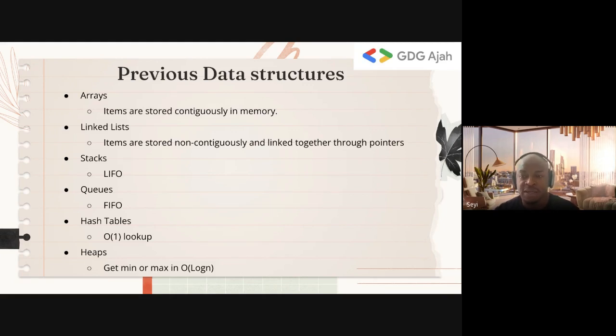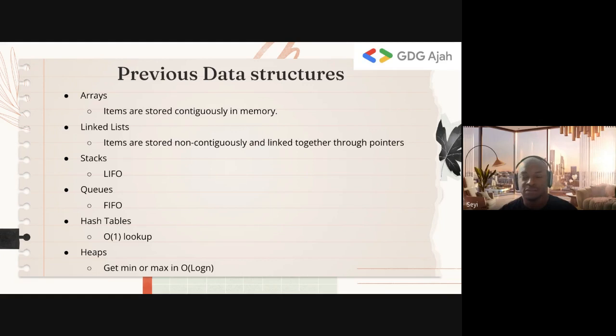Recall when I said earlier that we want to store a group of items together, we can either store them together or store them separately. When we store them together, they are arrays. When we store them separately, they are linked lists. But if we store them separately, we have to find ways to link them together, which consumes some extra space. Those are the two fundamental data structures, and all other data structures use an implementation of either arrays or linked lists or both.